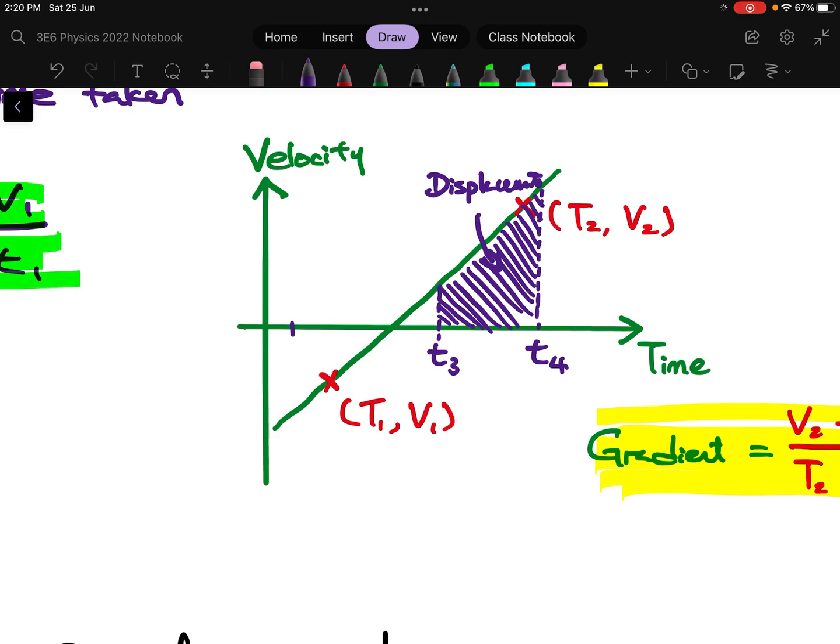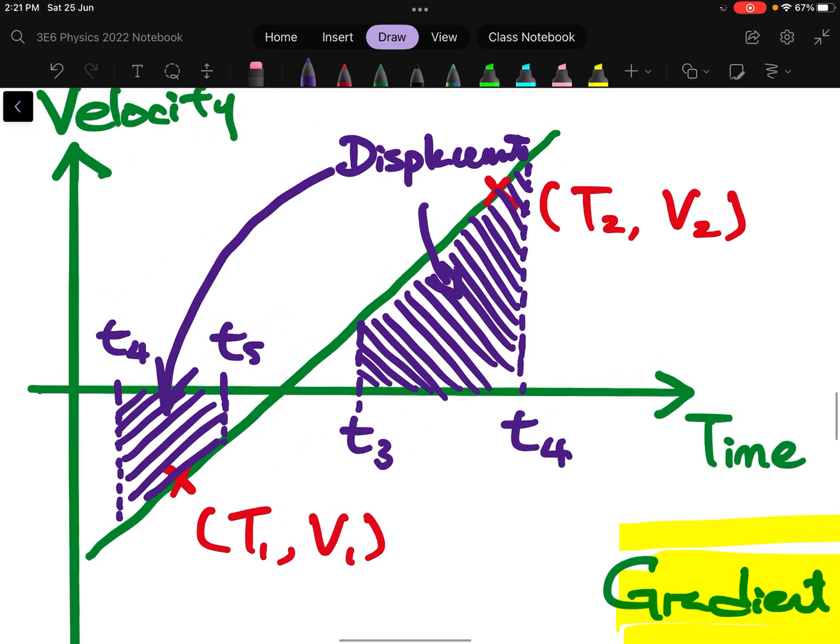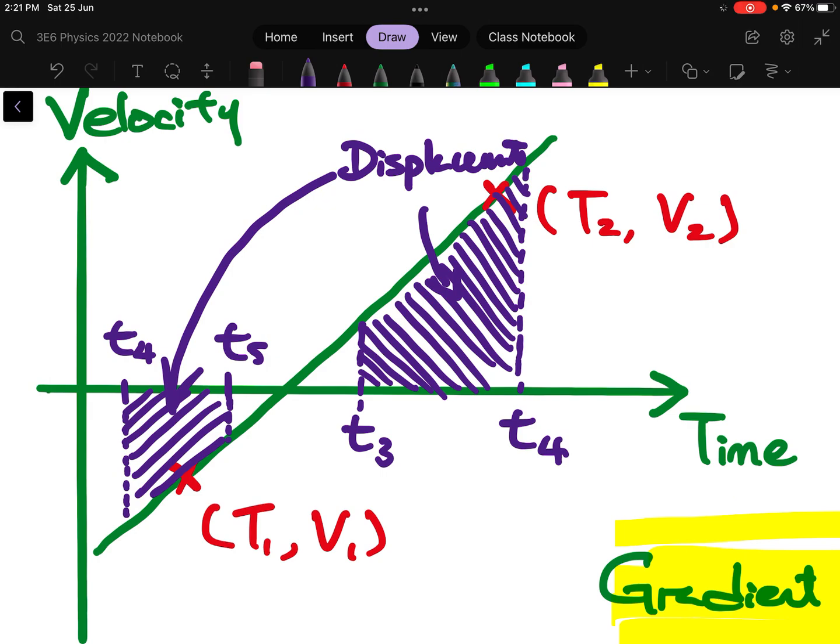So if I want to find time t4 to t5, the area so-called under the graph is this area. It's not this area, okay? This is not called under the graph. When we say under the graph, it is the area between the VT line and the x-axis, right? So this is negative displacement. This is positive displacement, right?